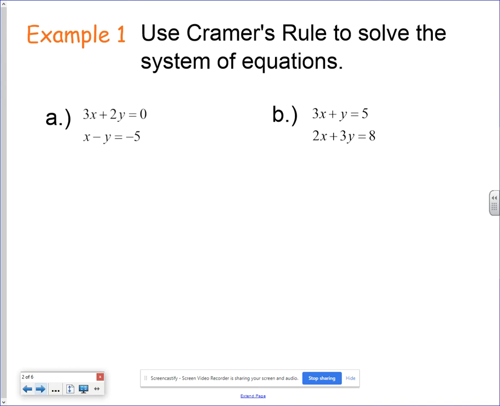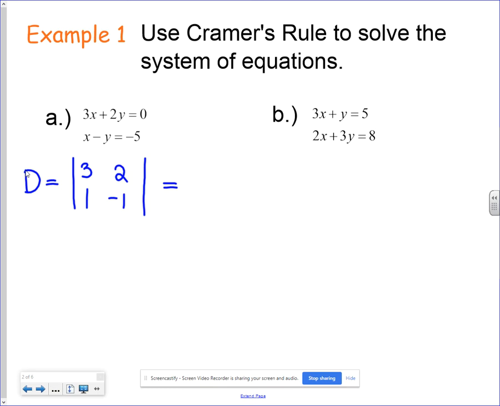So our first step, let's write out my matrix I call D. D is my coefficient matrix. So what are my x coefficients? 3 and 1. My y coefficients are 2 and -1. So let's go ahead and find the determinant.